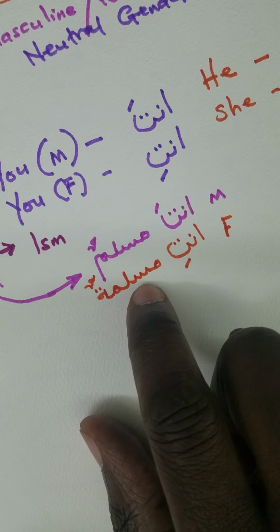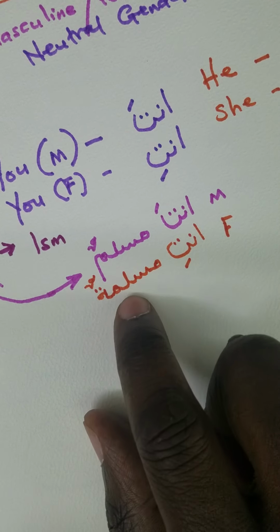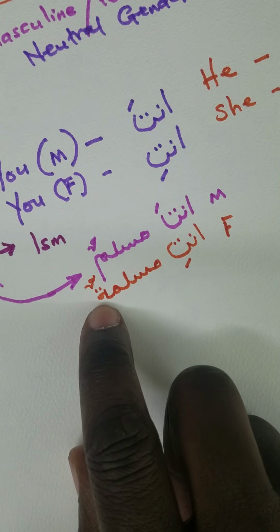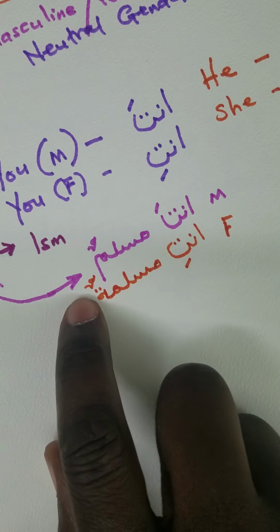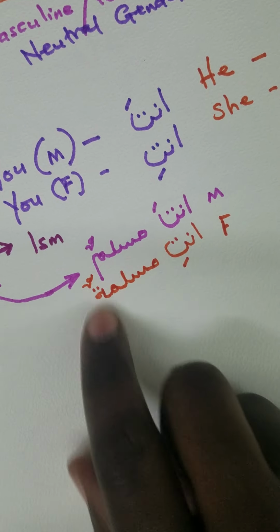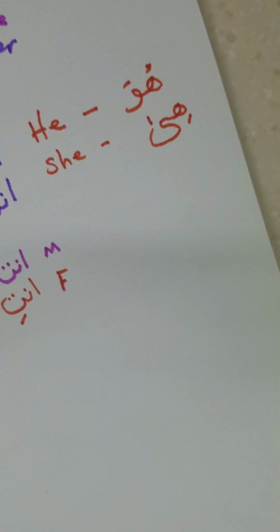The female Muslim is "Muslima," but case 1 for this word is "Muslimatun." That's why you see a ta marbuta here and a tanween. So we read "anti Muslimatun." I hope it's pretty easy, because we're trying to simplify it to the very best.